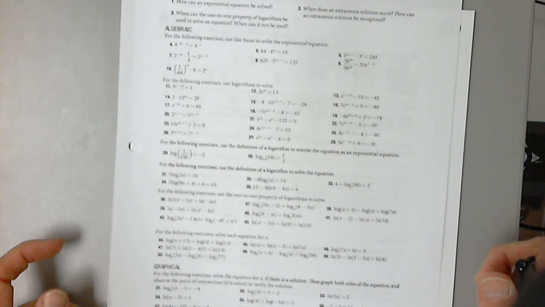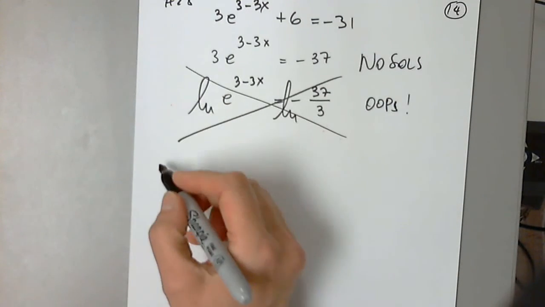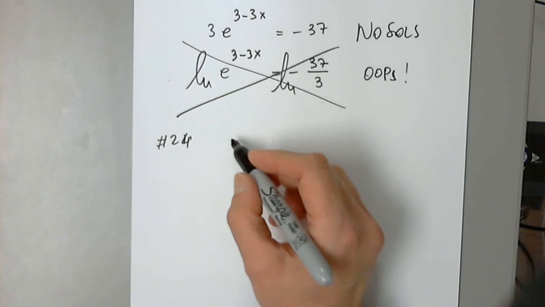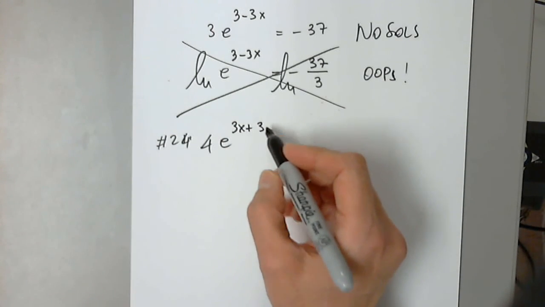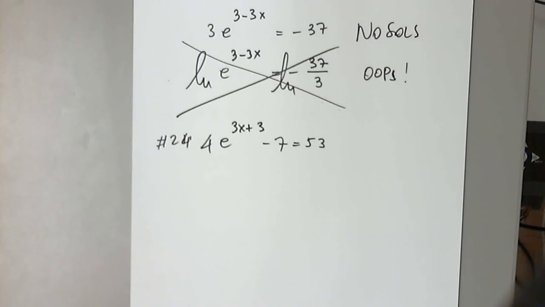Alright, I'll do this. Which one? 24. Let's start it. If we finish it, we finish it. If not, I will not hold you over. 4e to the 3x plus 3 minus 7 equals 53. Add 7.